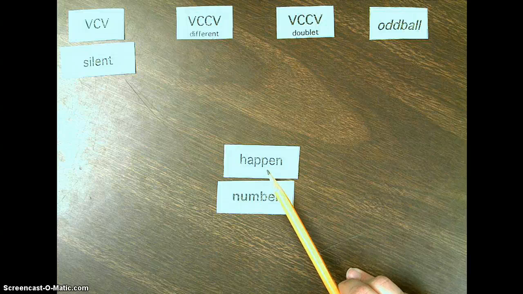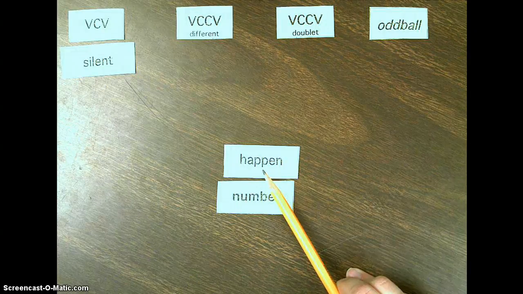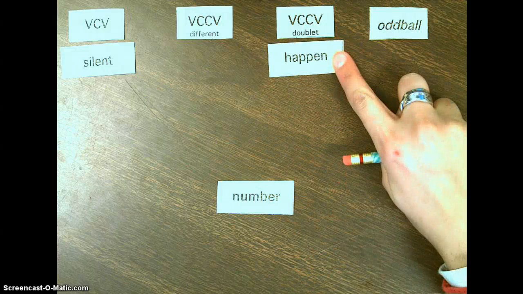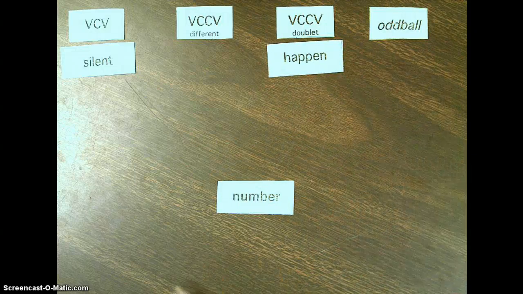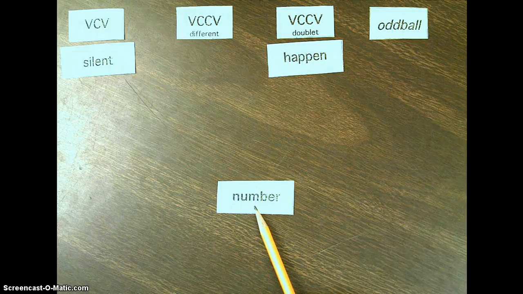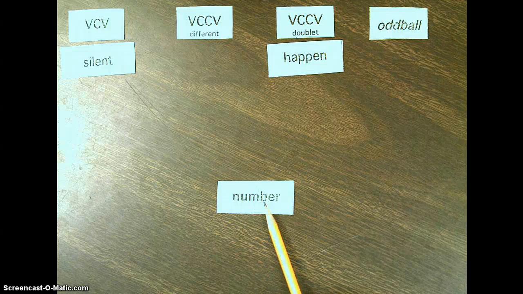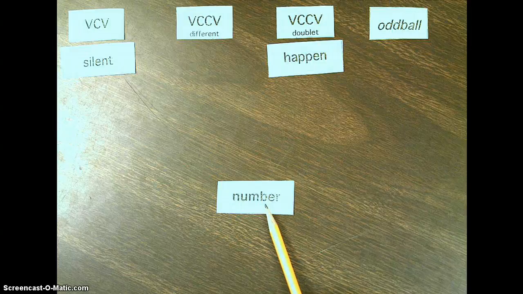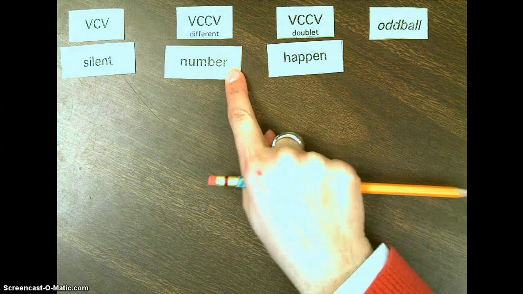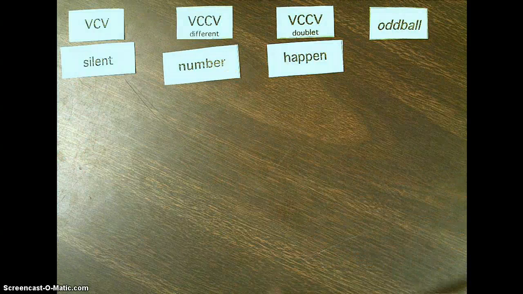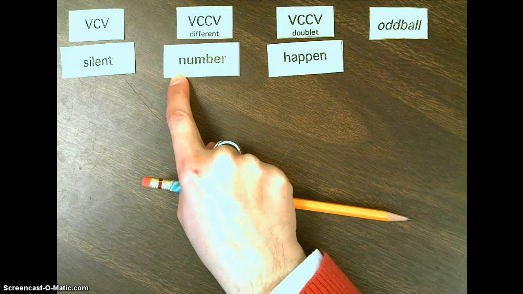That's called a doublet, when you have the same consonant in the middle. So this is going to go under the doublet category. Now the word number, our consonants are M and B. Those are different. So this goes under the VCCV different column, number.